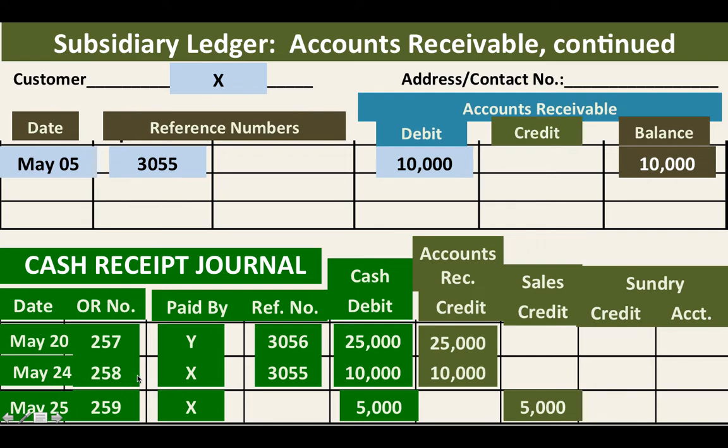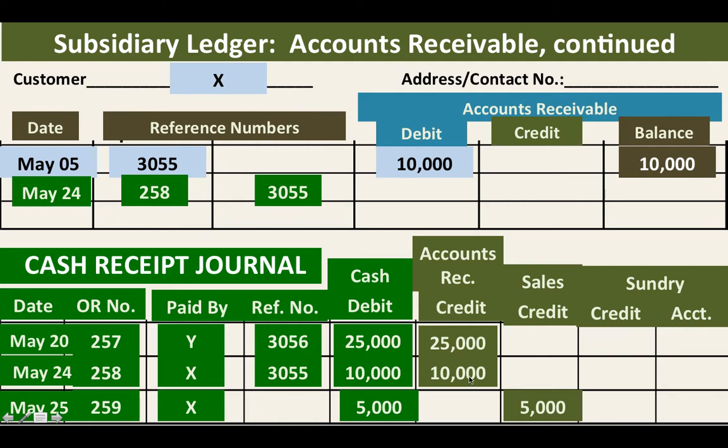On May 24, we received cash of 10,000 from X. Okay, so here you can see that the 10,000 is for this reference number 3055. So we will record May 24. And the reference number of 258, that's the OR number, and it is paying 3055.